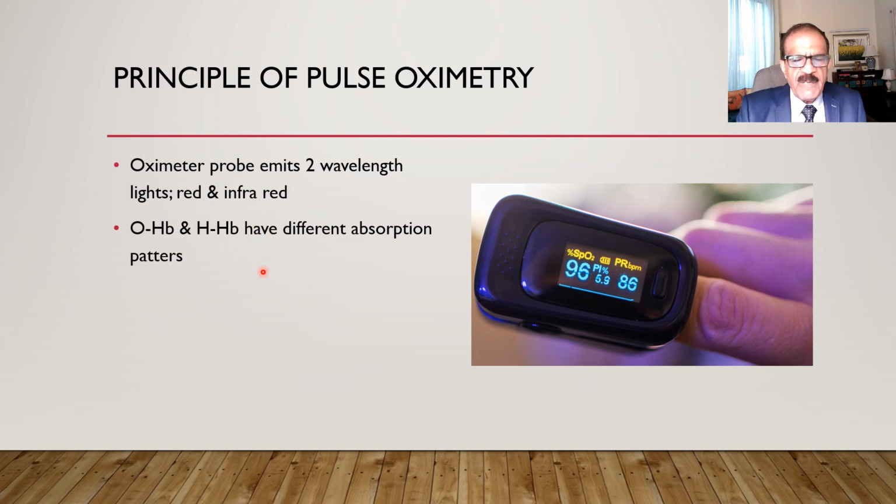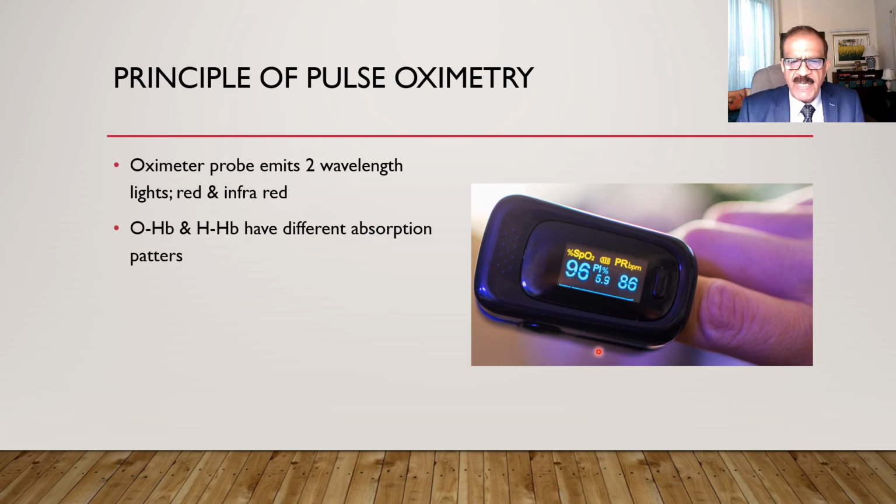So on that basis, because the instrument can measure, it actually has two parts. One part emits this radiation, the other side receives this radiation and can calculate what percentage of the light which was sent from here is received on the other side.